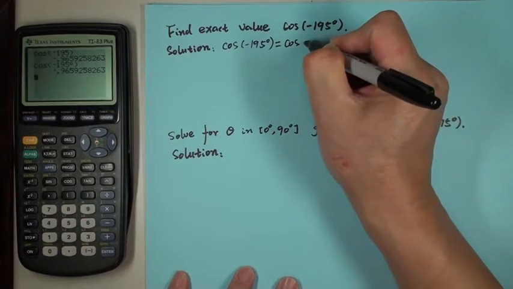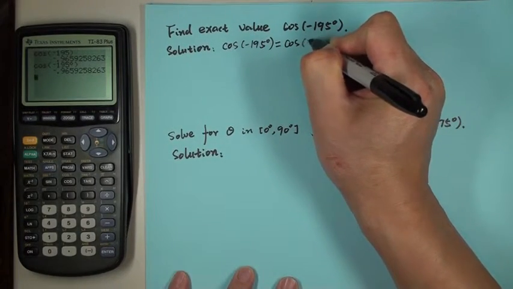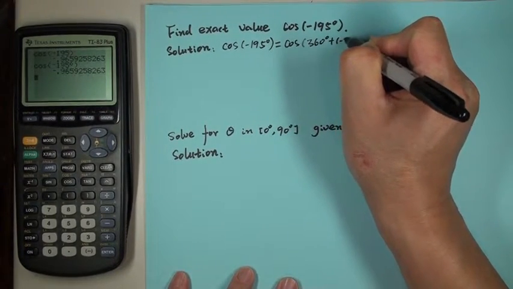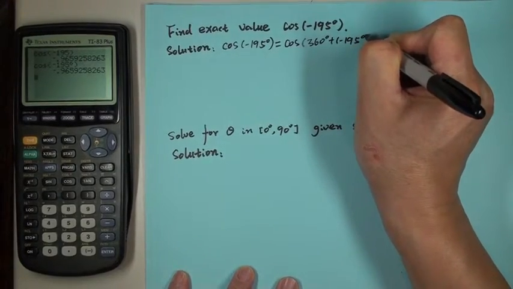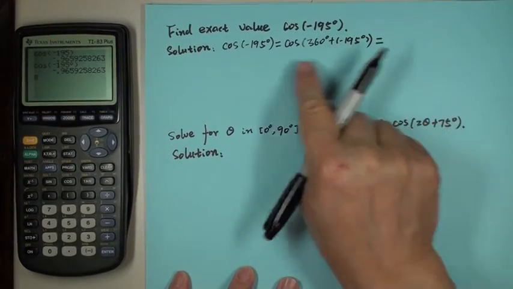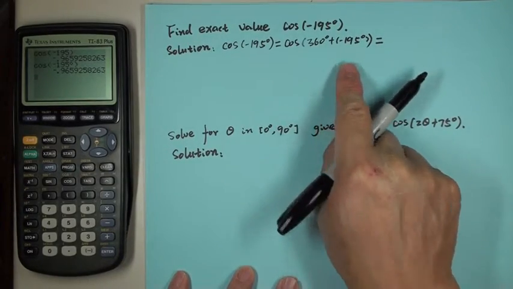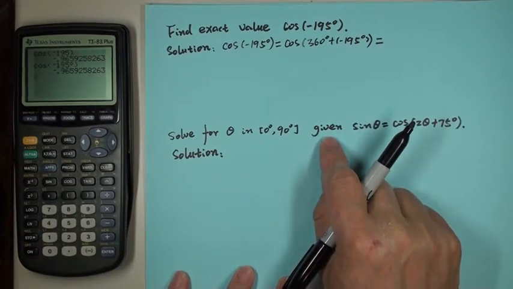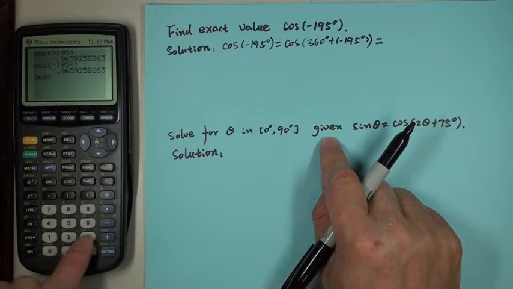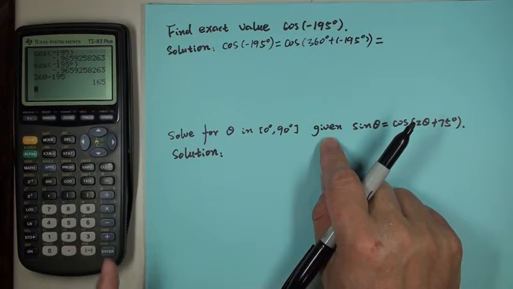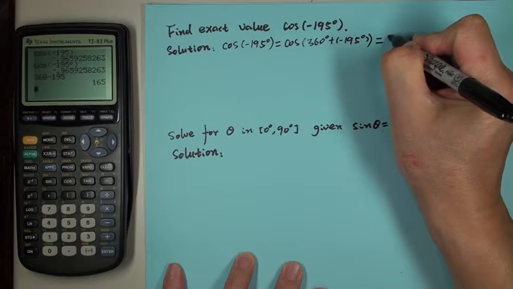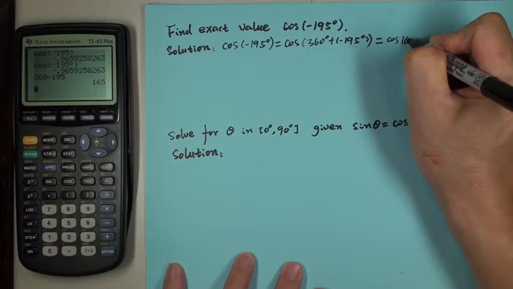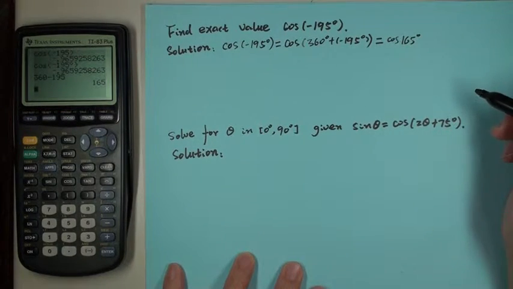I know if I add 360 degrees to that, they are still equal, because 360 degrees is one period. So 360 minus 195 is 165 degrees.